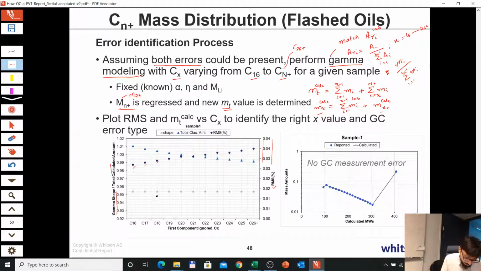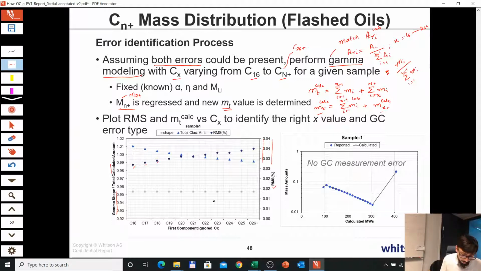Because the way we define Cx is from this plot. If you want to choose a Cx value, it is the last component that you can find with an RMS that's minimum or close to 0.